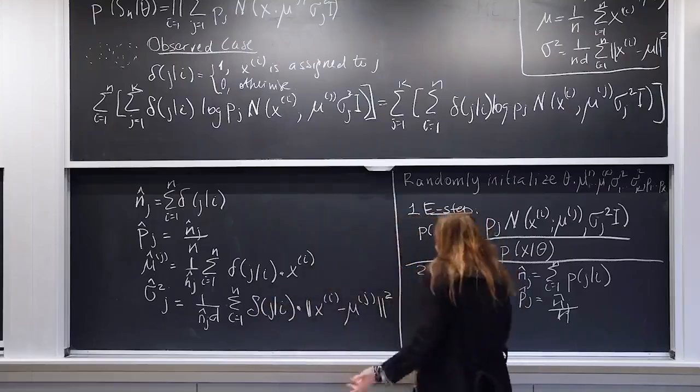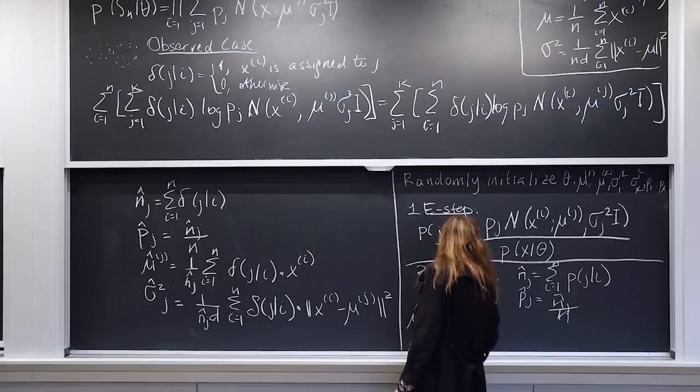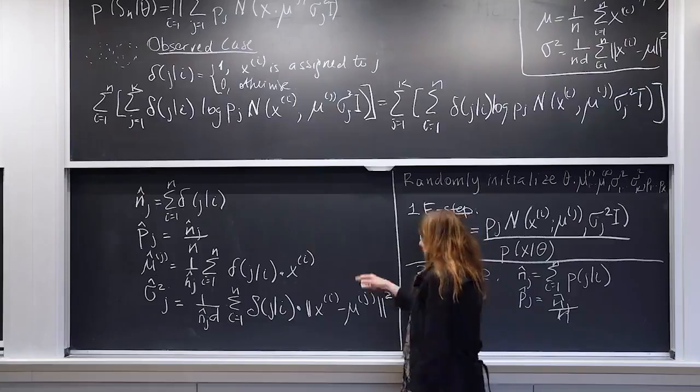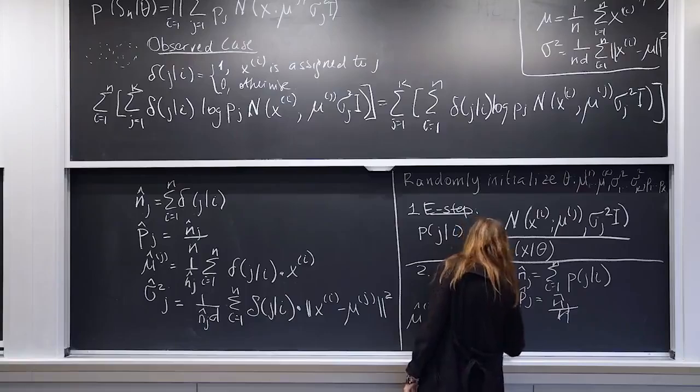So in this particular case, again, we can just rewrite this expression: mu j equals 1 divided by n j, sum over i from 1 to n, p j i times x i.